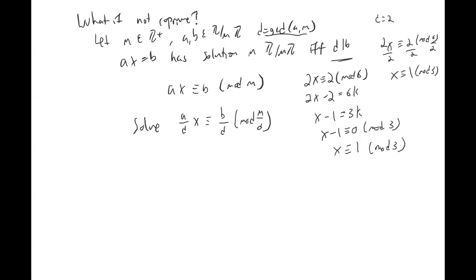Now what is the GCD of A over D and M over D? Can anyone tell me? D was the greatest common divisor of A and M. So if I divide out by the greatest common divisor, what divisors do they share now?